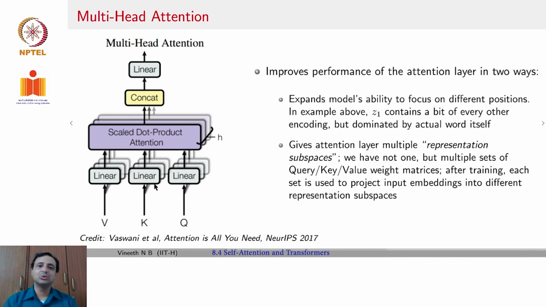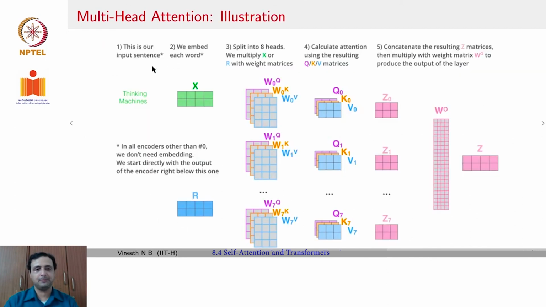Secondly, it also gives our self-attention layer a sense of multiple representation spaces instead of choosing only one set of weight vectors. Getting these different representation spaces and then concatenating them and sending them through a linear layer gives us better performance at the end. This part of transformers is known as multi-head attention.